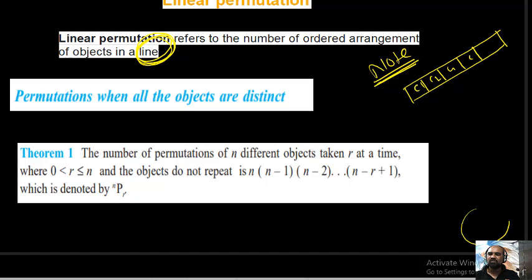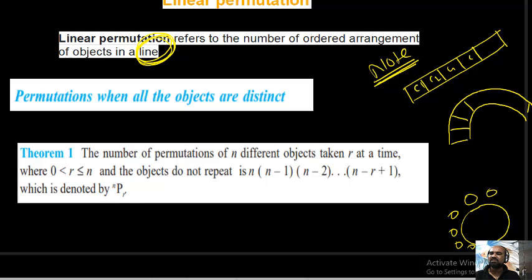If you want to arrange the things around the circle, such permutation is known as circular permutation. But if your table is in this semicircular shape, with chair 1, chair 2, chair 3, chair 4, chair 5, chair 6, like that, and we want to arrange things, what should I take this as, linear or circular? That is important.